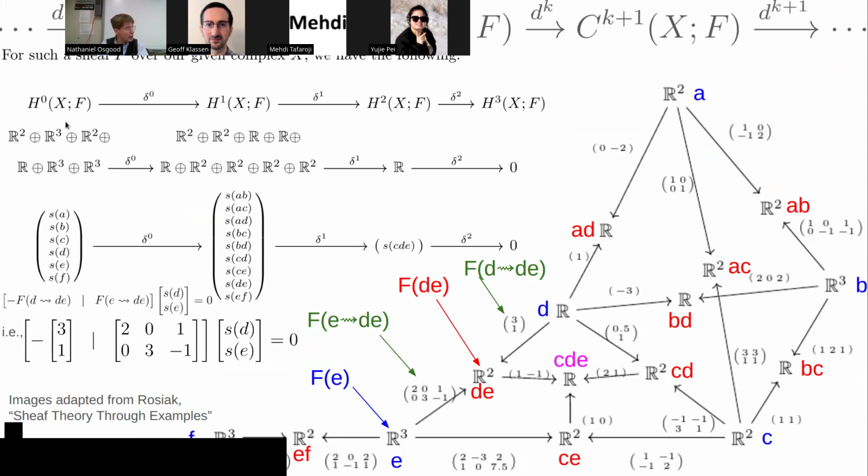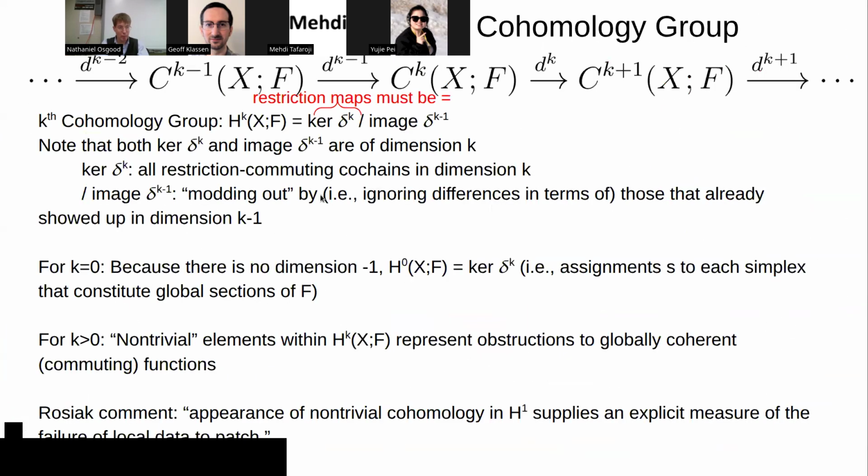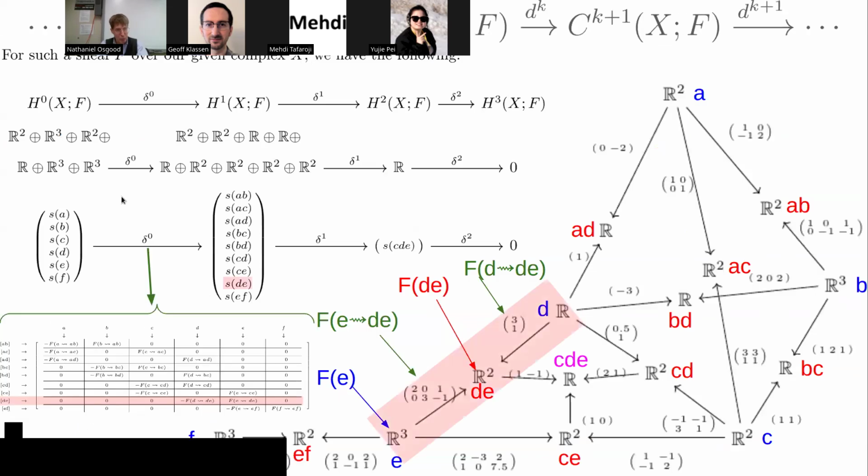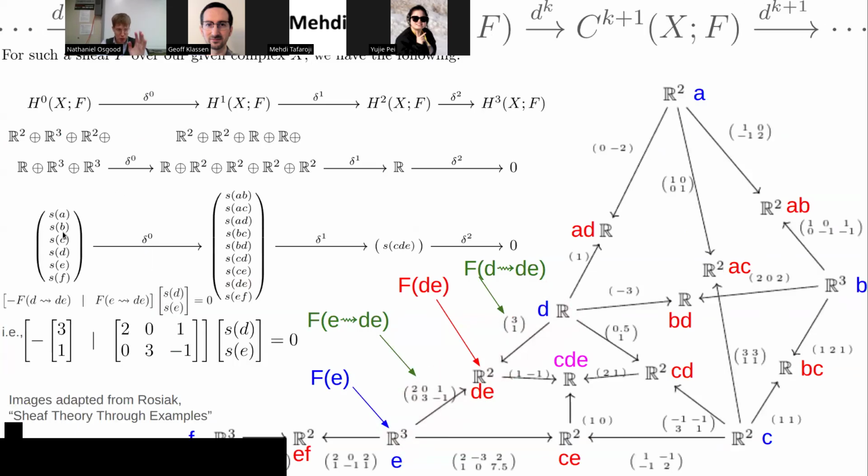We're actually going to be considering cohomology over it, the kernel and the image, but let's just go back to basics here. What are the dimensions of these stalks over 0-simplices? Well, it's the concatenation of all the stalks over all the 0-simplices here.